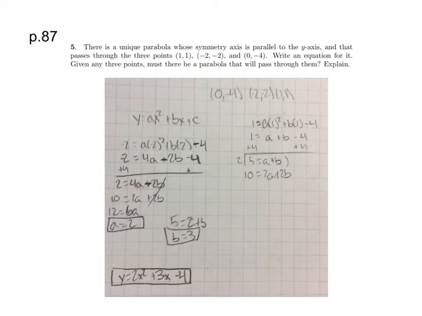We added the two equations to get 12 equals 6a, and then a equals 2. We went back to one of our original equations, 5 equals a plus b, and we plugged in 2 for a, and we get b equals 3. Then we plug all that back into the equation to get y equals 2x squared plus 3x minus 4.